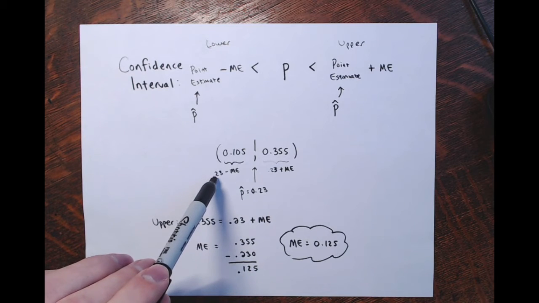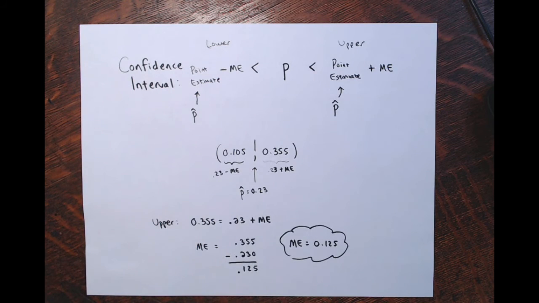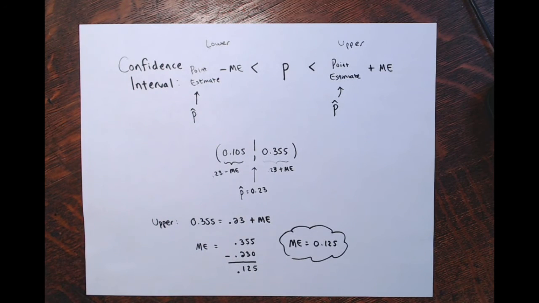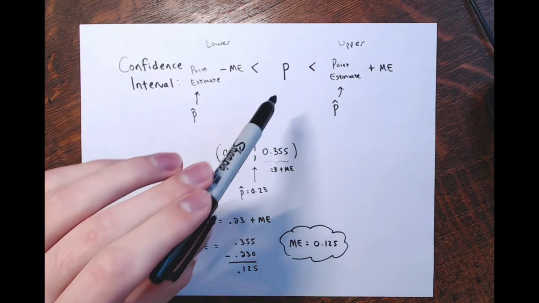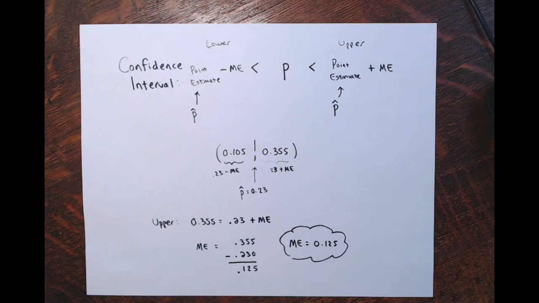If I take 0.23 and subtract 0.125, that would be 0.105, so it does work. Another way to interpret this confidence interval is that we're reasonably confident that the population proportion p is 23%, give or take 12.5%. This margin of error is like a give or take in our guess as to what the population proportion or the population mean, mu, is.